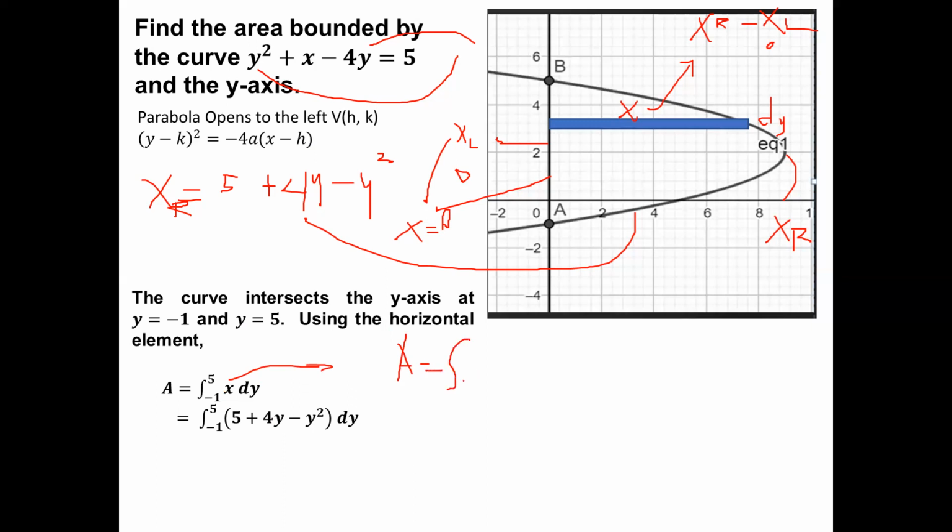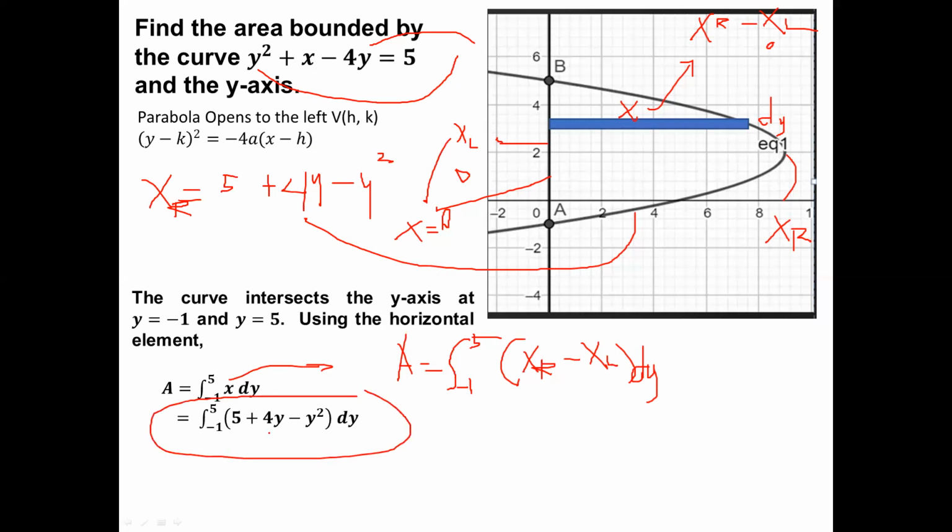Negative 1, 5. And then, XR minus XL. And then, dy. Yan. Klaro ba? Klaro? Yes, sir. Yan. No?